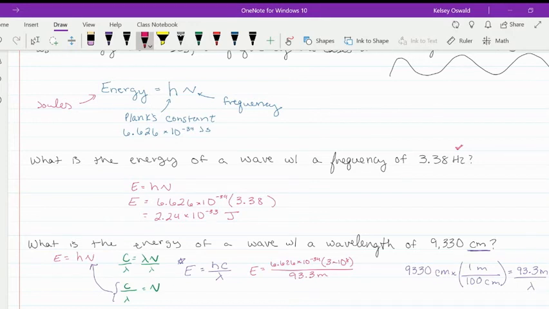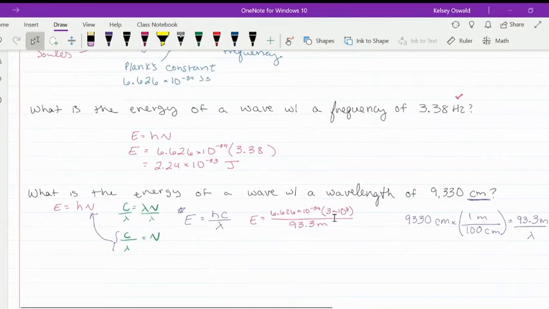Okay. And when I plug that in my calculator, I am going to see that my energy here is 0.13 times 10 to the negative 27. And that is, of course, in joules, because energy is always going to be in joules.